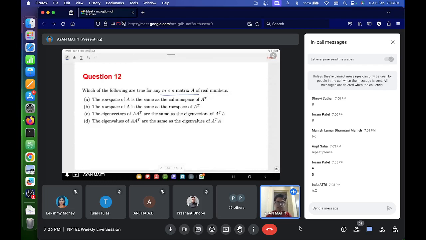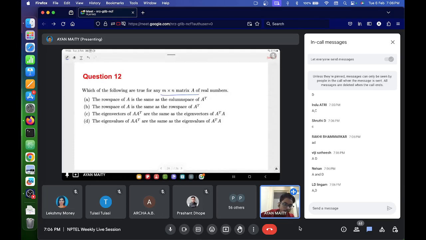Indu is saying A and C. Shruti is saying C only. Rakhi is saying A and D. Vijay is saying A and D. Nehan is saying A and D. LD Lingam is saying A and D. So most of the answers are A and D.